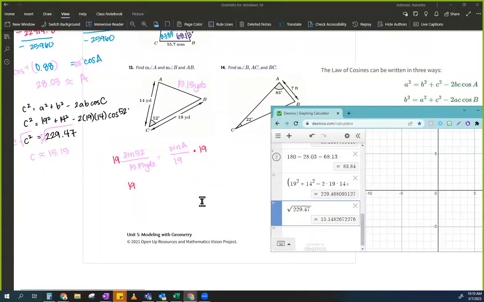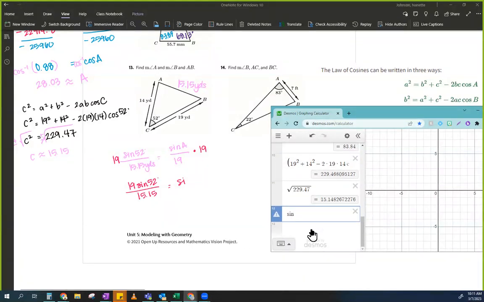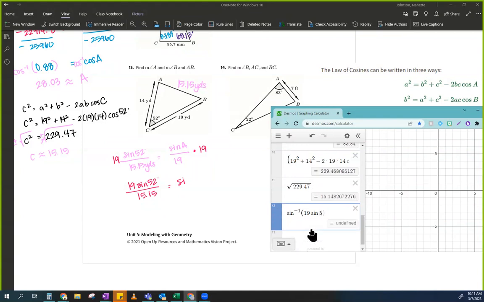And then I'm just going to ask the same question. How do I get A out of sine again? What do I need to do to get A out of sine? And you guys are like, oh, use the inverse. So I'm going to use the inverse, and you're going to see it, sine inverse of this whole thing. So A is approximately, and then I plug this whole thing into the calculator, right? So I go sine to the negative first, parentheses of 19 sine 52.